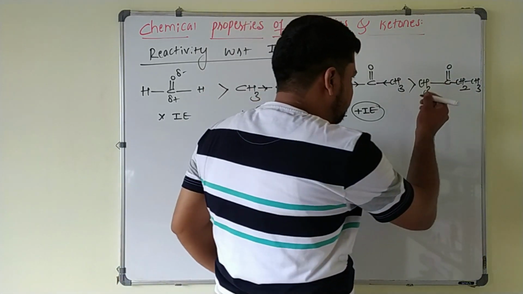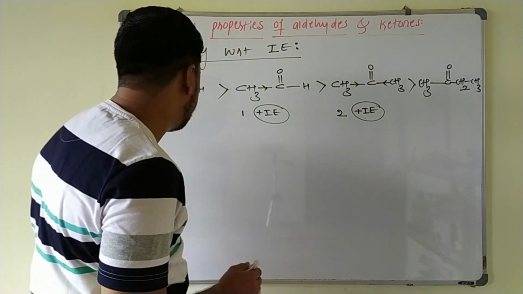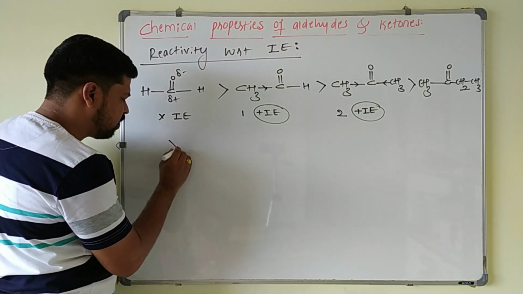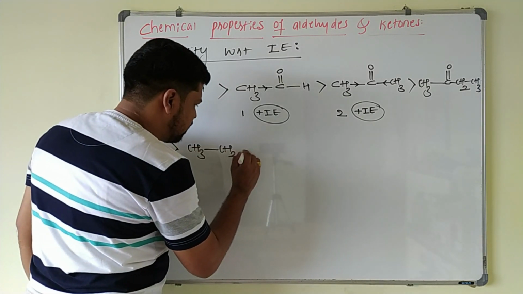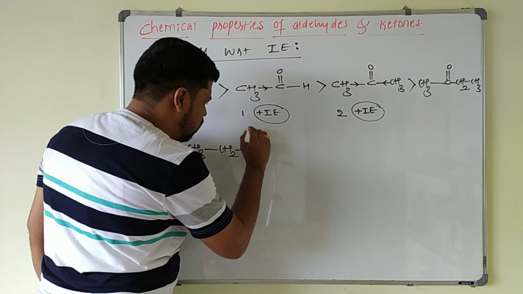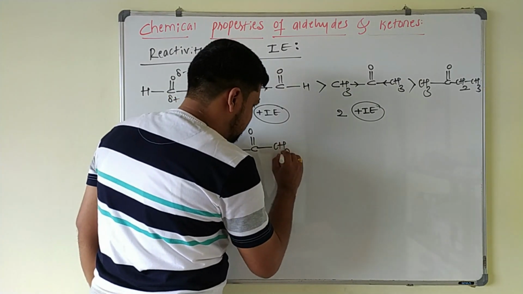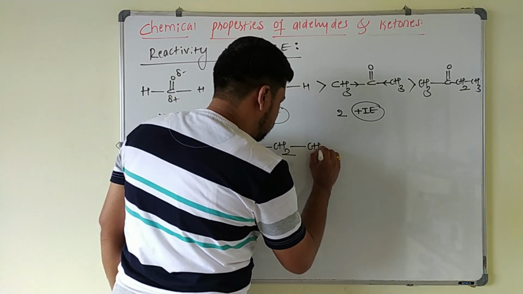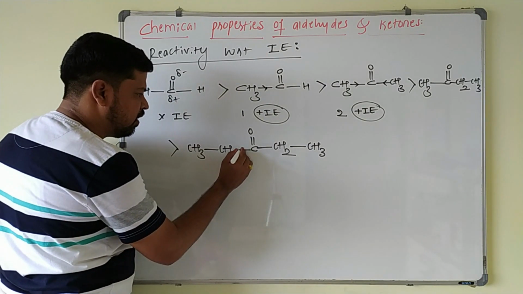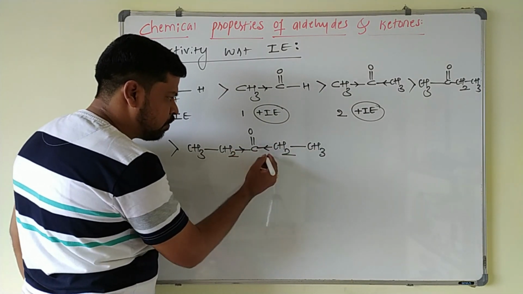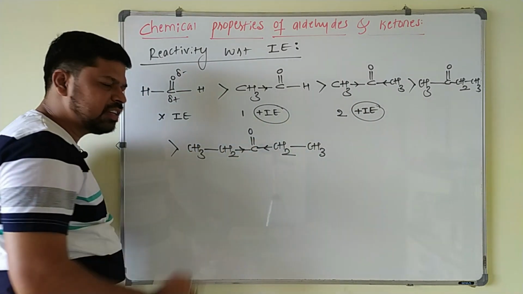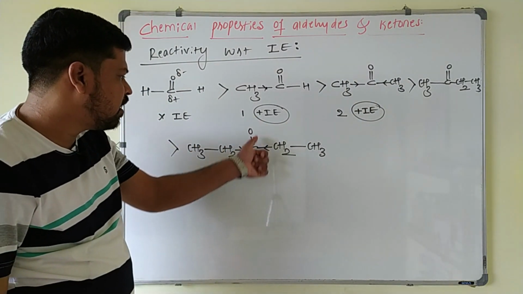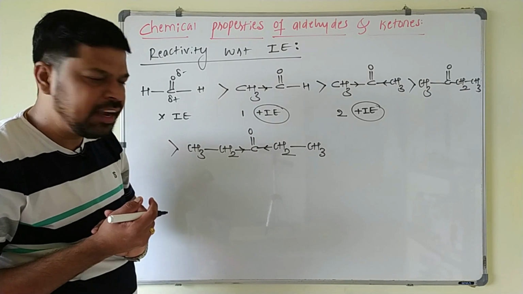So here again it is more reactive. If you attach two ethyl groups here, that is CH3, CH2, C double bond O, CH2, CH3. Again the inductive effect due to two carbon atoms is more effective as compared to one carbon atom. So again sharply there is a decrease in the positive charge density on the carbonyl carbon, again reactivity decreases here.